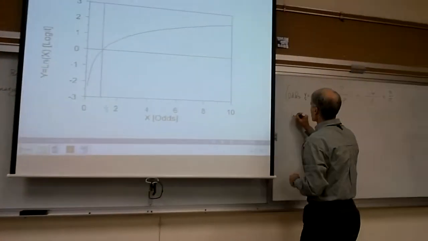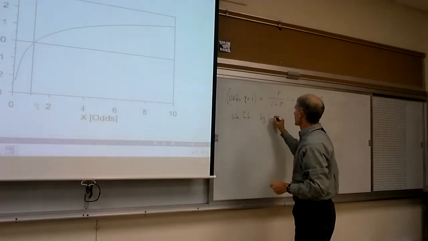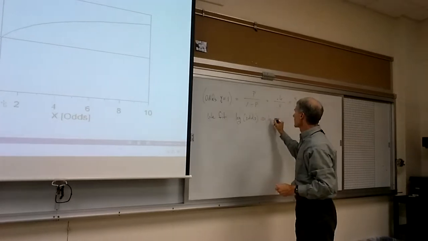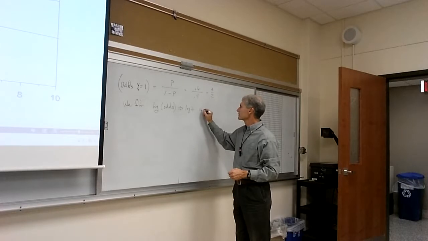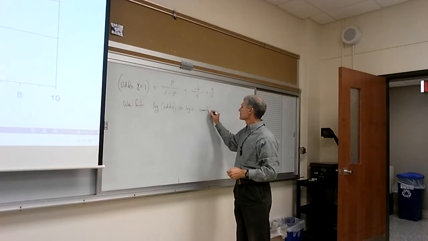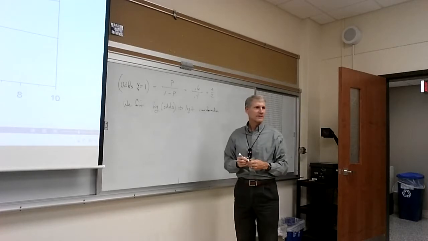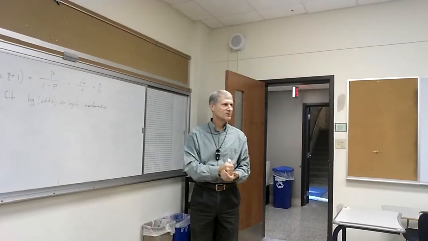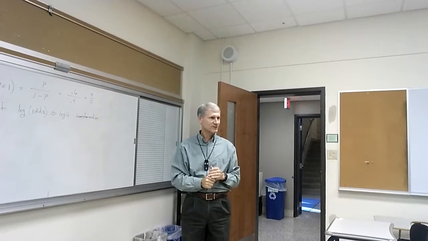So we fit log odds, which is called the logit transformation. You convert from probability into odds, then you take the log of the odds and you've got the logit function.